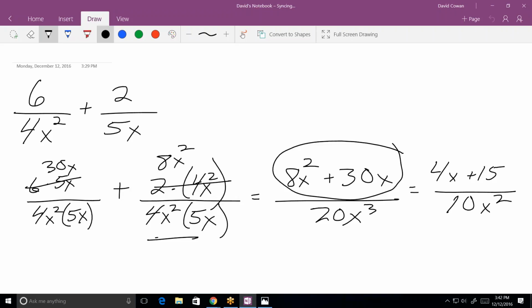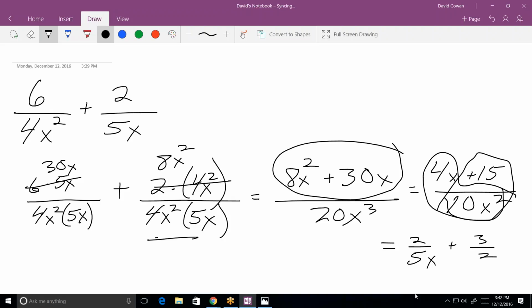Now, it is worth noting that if I wanted, I could separate that into two fractions. And that actually gives you something fairly different looking. And then I could change that to 3/2 over x squared.